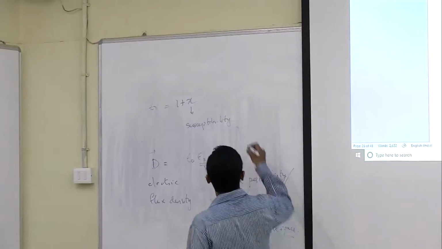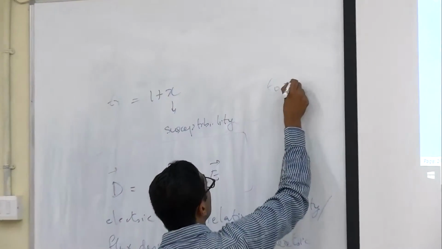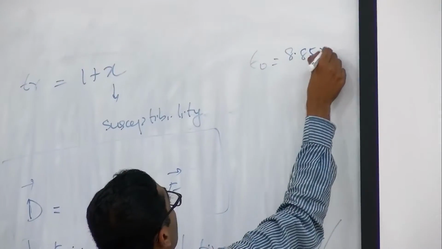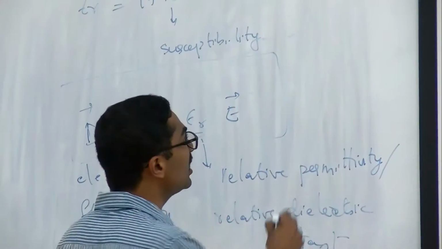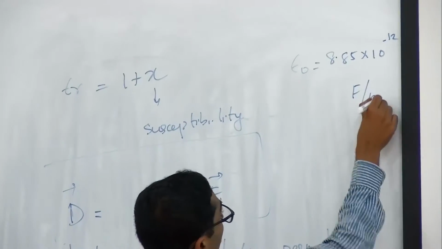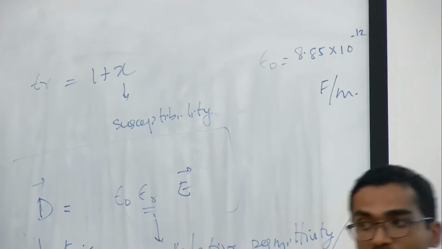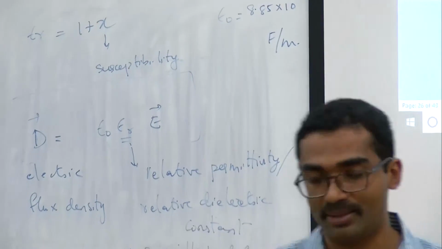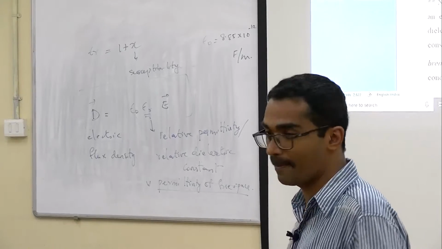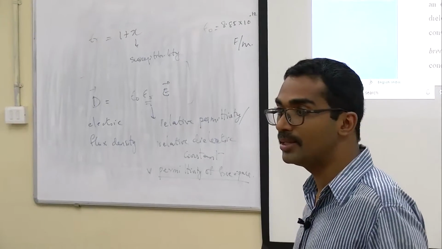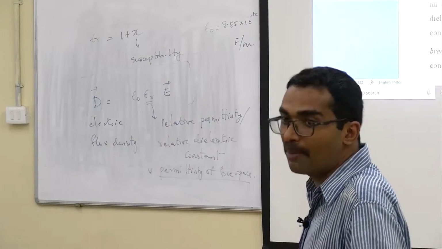So epsilon naught, which is the permittivity of free space, is 8.85 into 10 to the power of minus 12. Is unit important there? What is the unit? 8.85 into 10 to the power of minus 12 farad per meter. Correct. What is farad? The unit of capacitance.